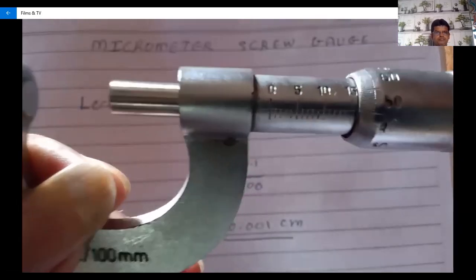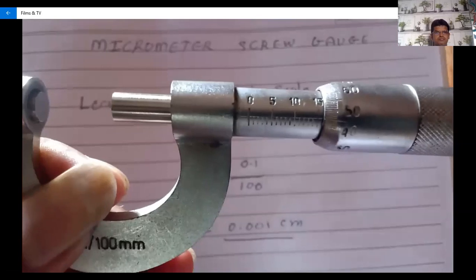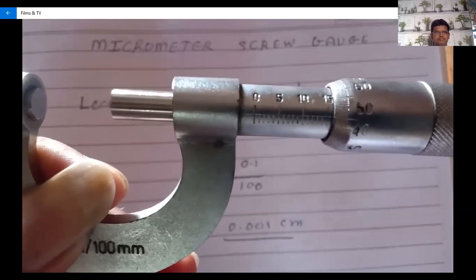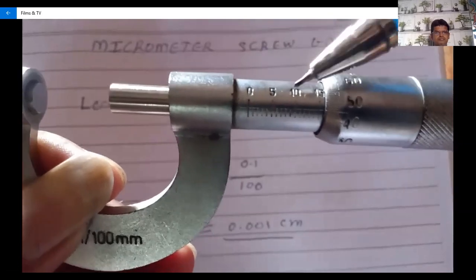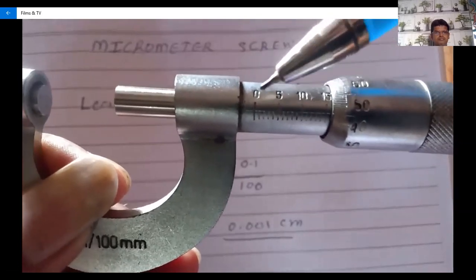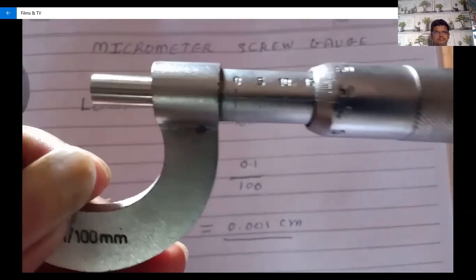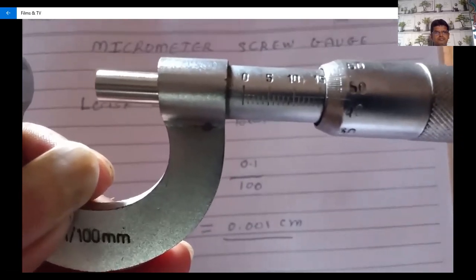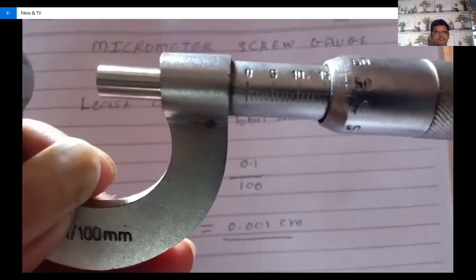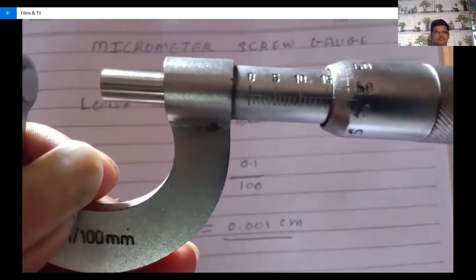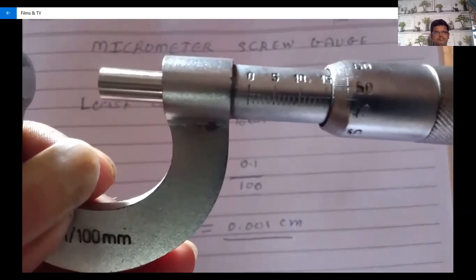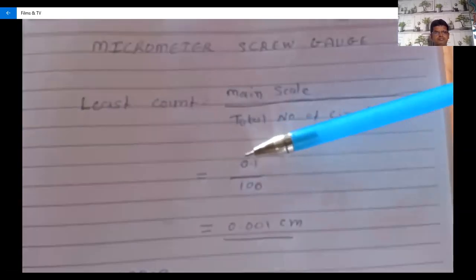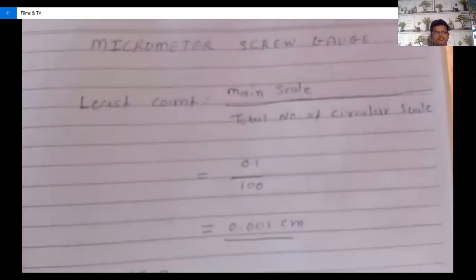Converting to centimeter, 1 by 10 is 0.1. So clearly, the main scale value is 0.1.